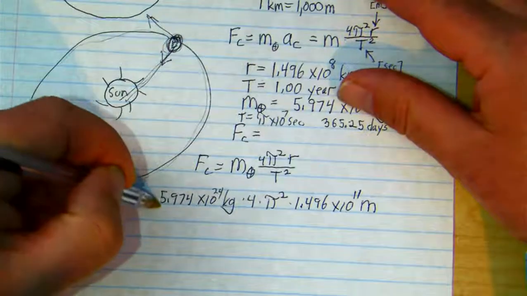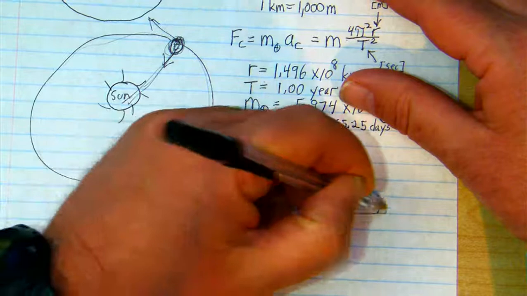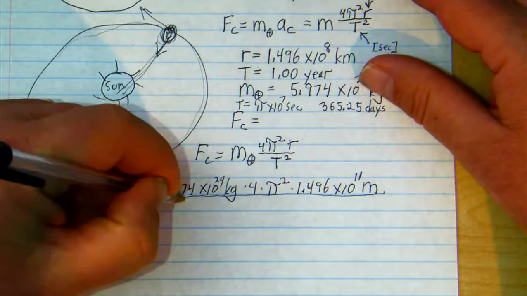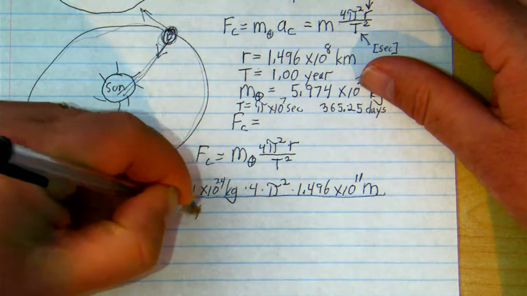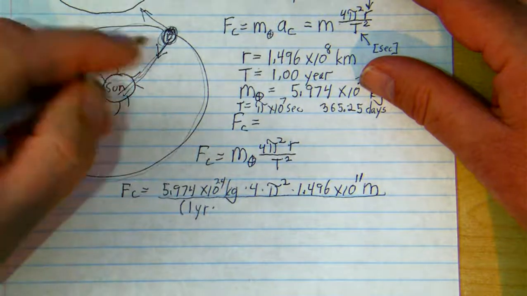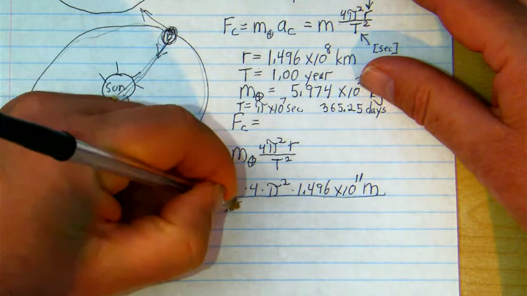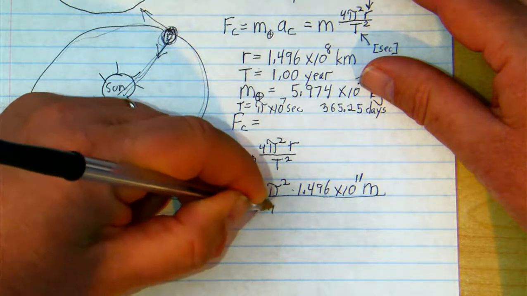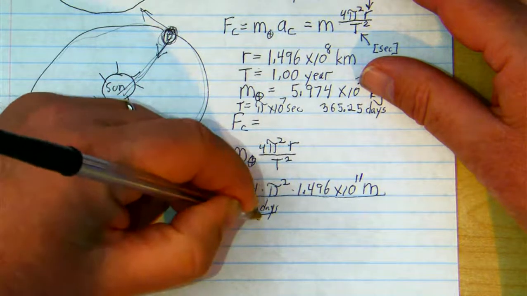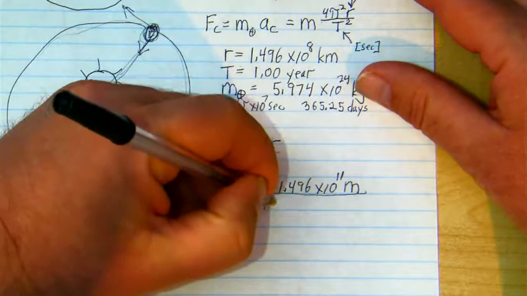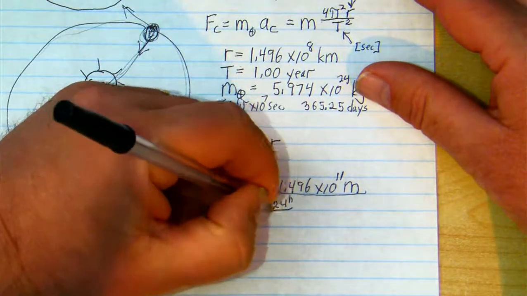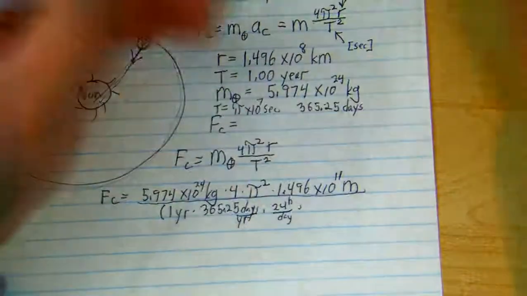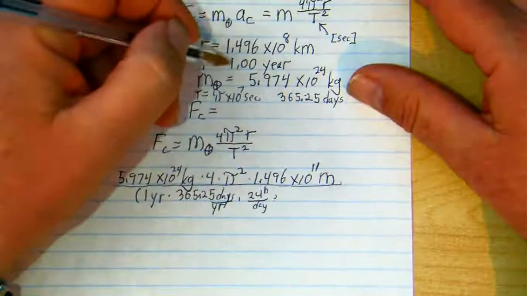The time is 1 year, but I have to convert that to seconds. So open parentheses, 1 year times 365.25 days in a year times 24 hours in a day times, if you need to do it, 60 times 60, okay.